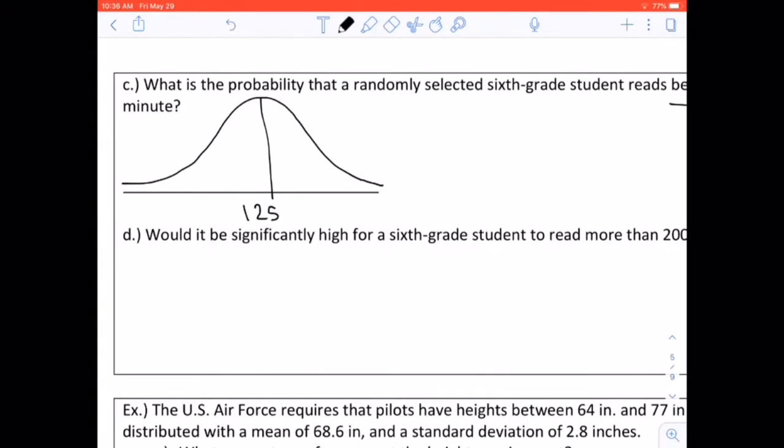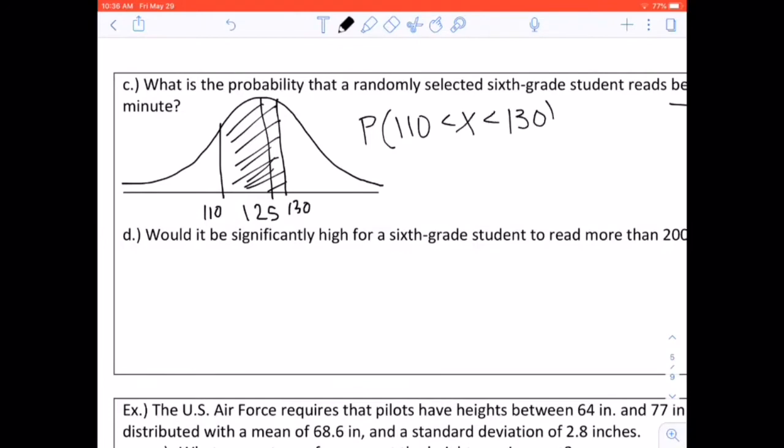This is saying that they read between 110 and 130 words per minute. So putting on 110 and 130, and between will be shading in between those two values.